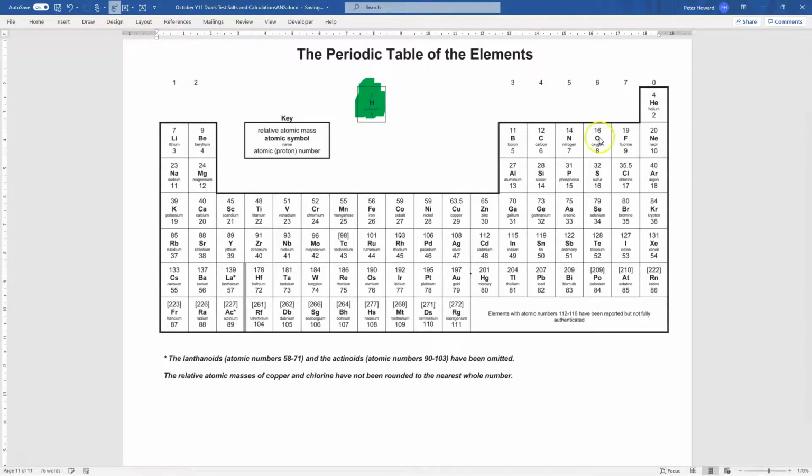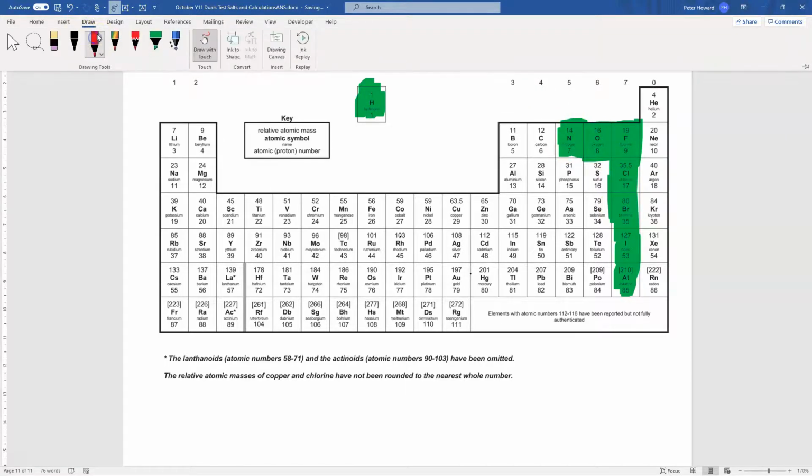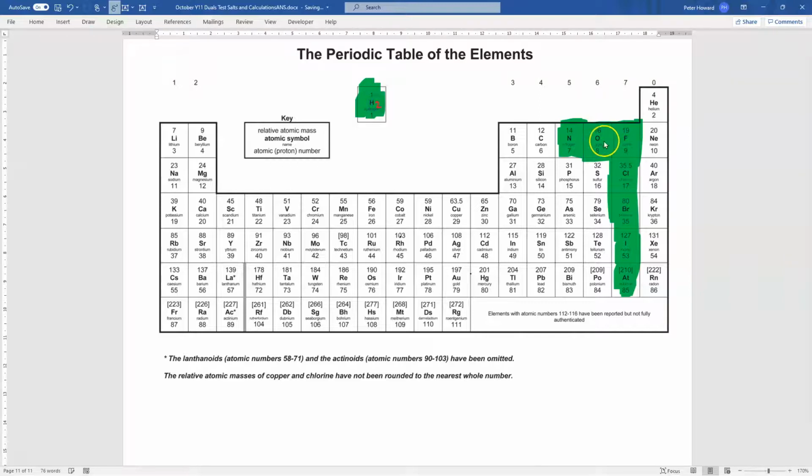This is hydrogen, and if you imagine on the periodic table, you can draw a sort of shape that looks a bit like a 7, or a weird sort of L. These are the elements which always exist as pairs: H2, N2, O2, F2, Cl2, Br2, I2, and At2. And you may remember I told you the phrase, I have no bright or clever friends. That's one other way of remembering that.